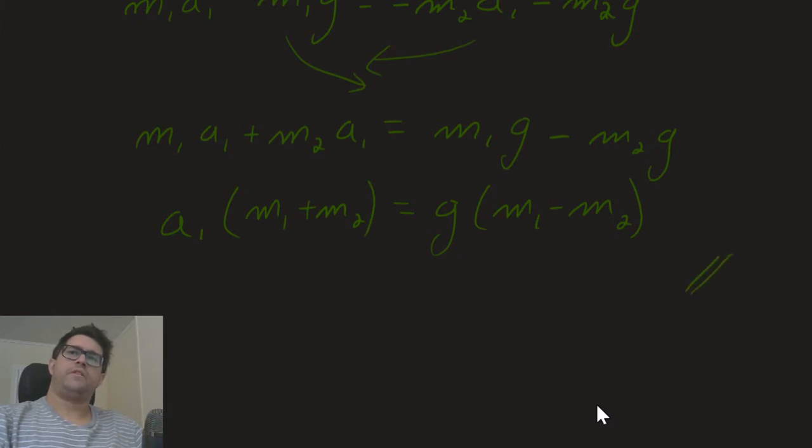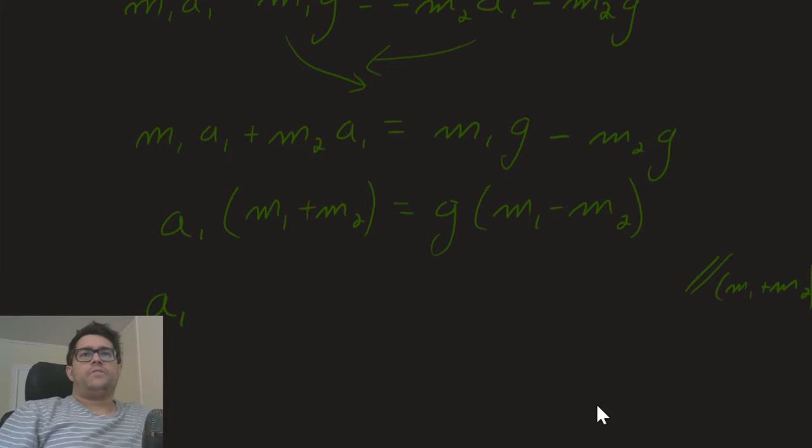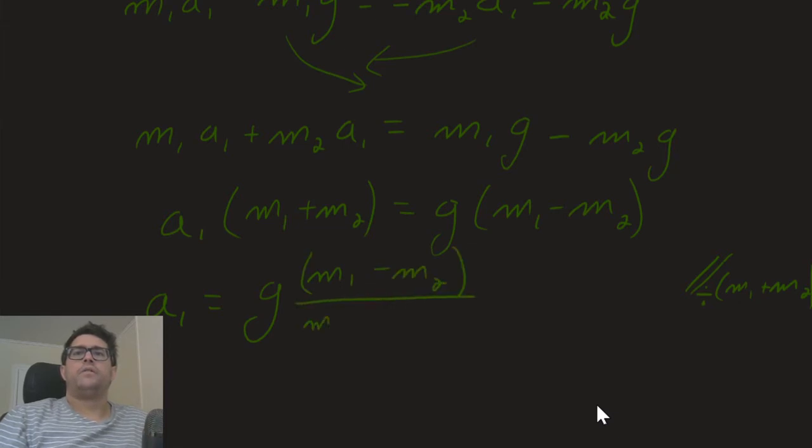We're going to divide by M1 plus M2. This is what's really happening. It's just happening so fast in my head that I just do it. But if you divide by, I'm going to need a break. You divide by M1 plus M2 on both sides, and you get G times M1 minus M2 divided by M1 plus M2.